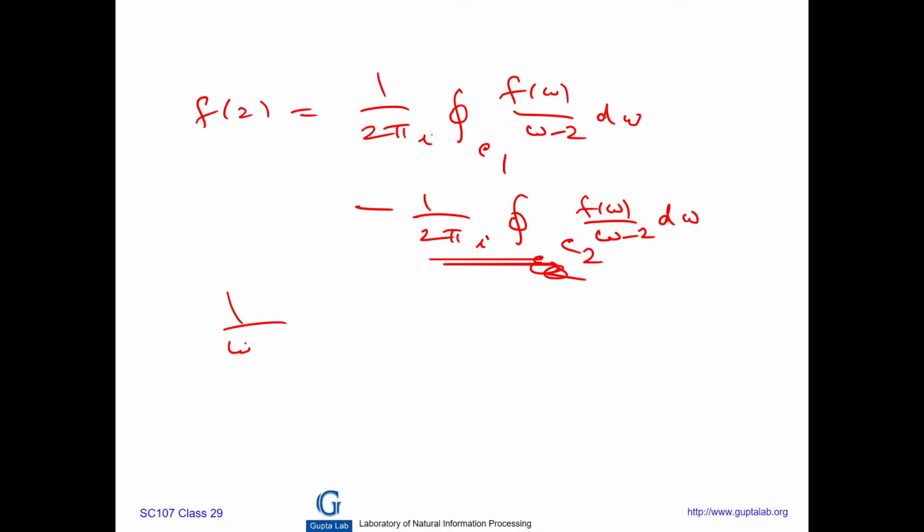So here you have to expand this and use it here just like in the previous case, right? 1 over w minus z, written in terms of a and expanded. So I am not going to do that.